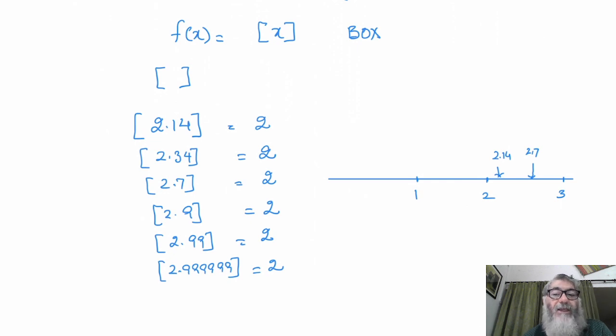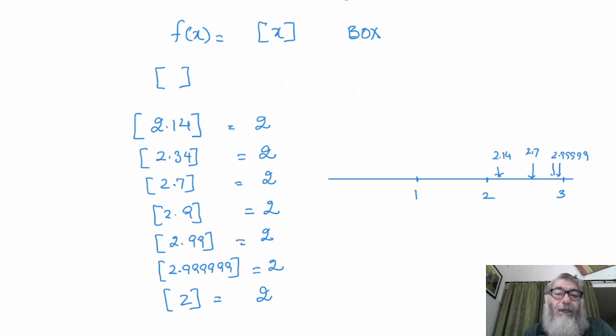So 2 is the greatest integer function. For example, 2.9999, or we move very close to 3, but it is never equal to 3, it will be 2 only. Suppose it is 2, then the greatest integer function is 2 only.